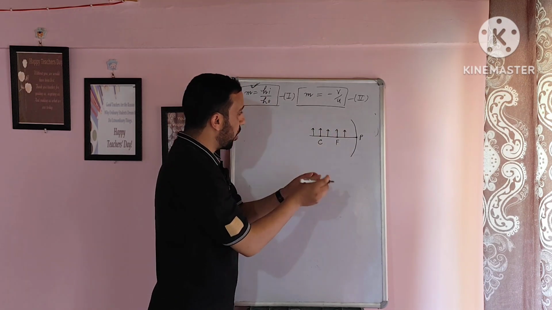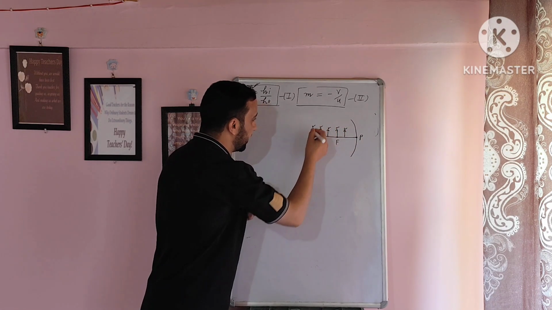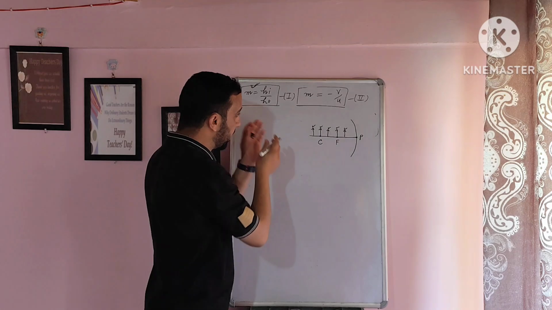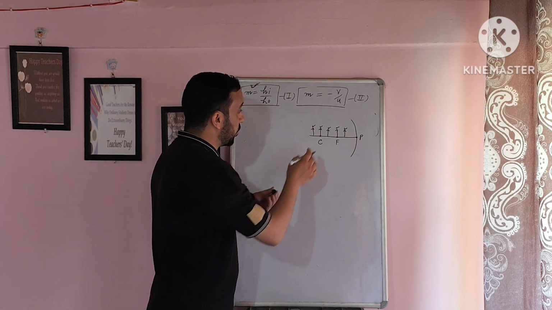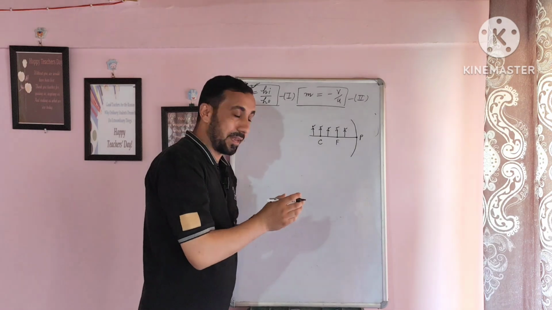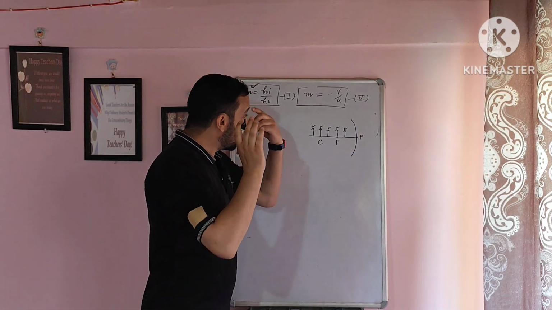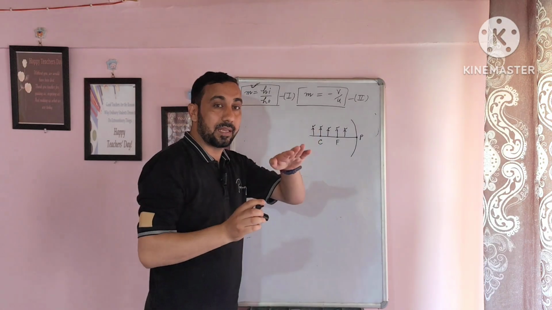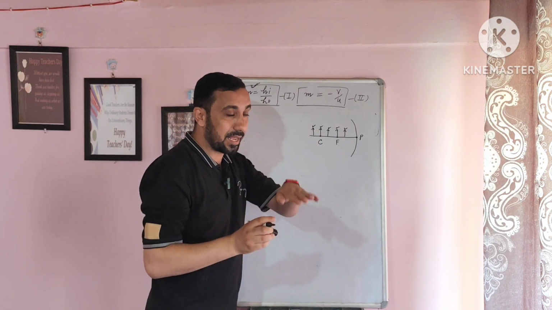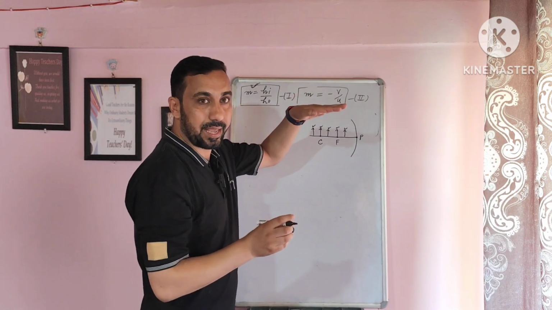But at every point you can see that the object is always placed above the principal axis, and from the sign convention we draw the concept that the size is always positive when it is placed above the principal axis.